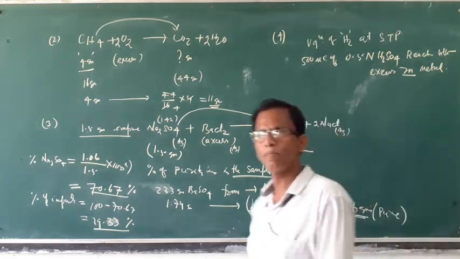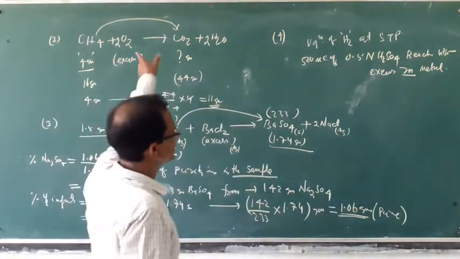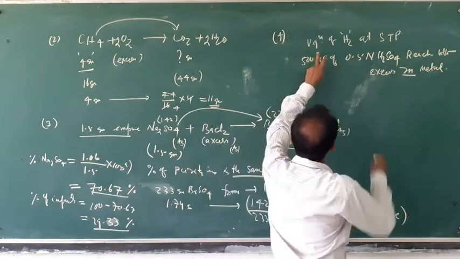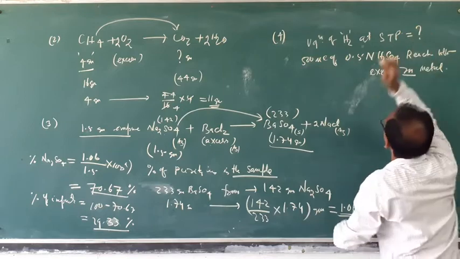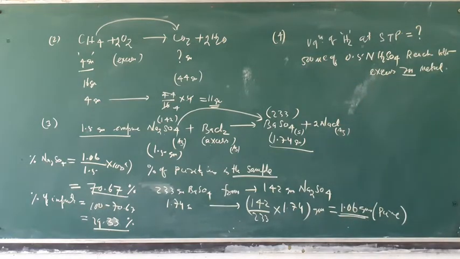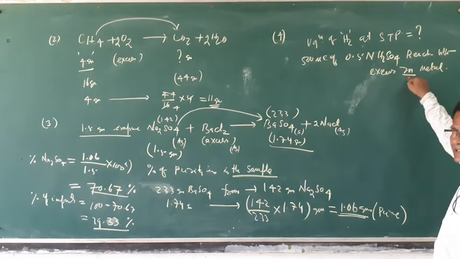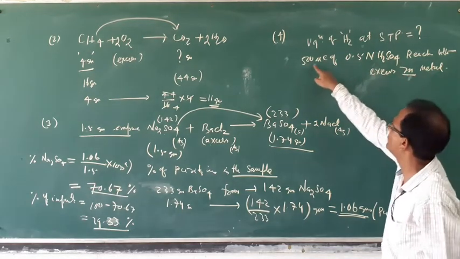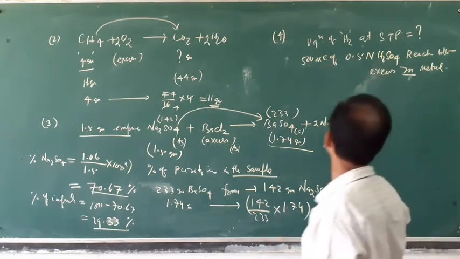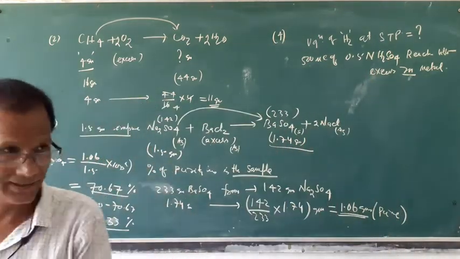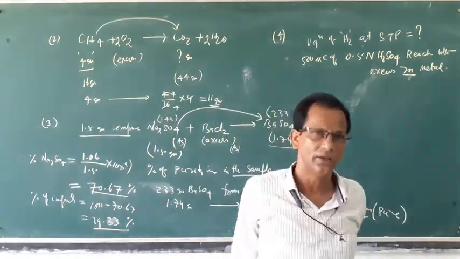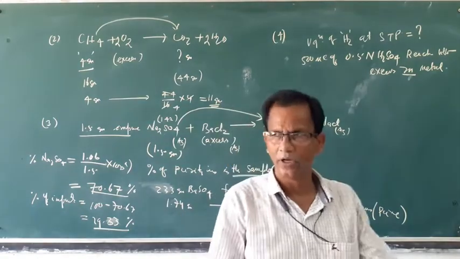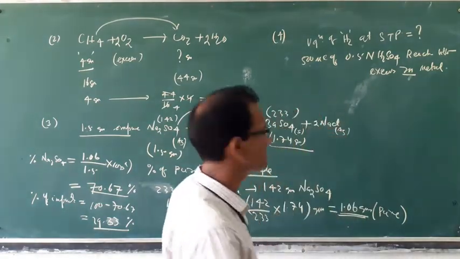What is the question? Very simple question. Just see that the volume of hydrogen at STP is asked. But here, indirectly the concentration of solution is given, not the mole or the mass directly.